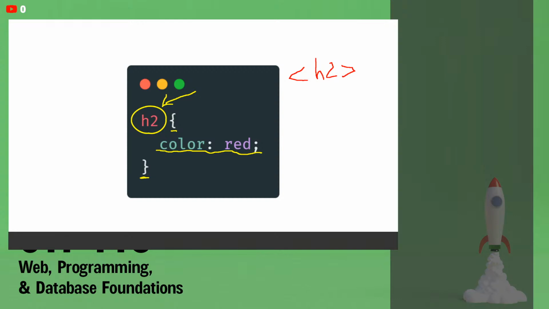So everything that is in between this opening curly brace and this closing curly brace in our CSS is a declaration. In this case, our declaration is color red for the selector that is present there on the outside of the opening curly brace. In this case, it is an H2. Now, in addition, we can also take that declaration and break it down even further, right? Because we can see that this declaration has two parts to it.